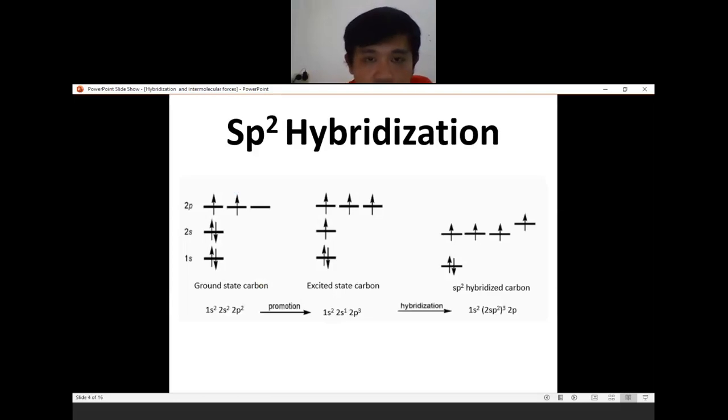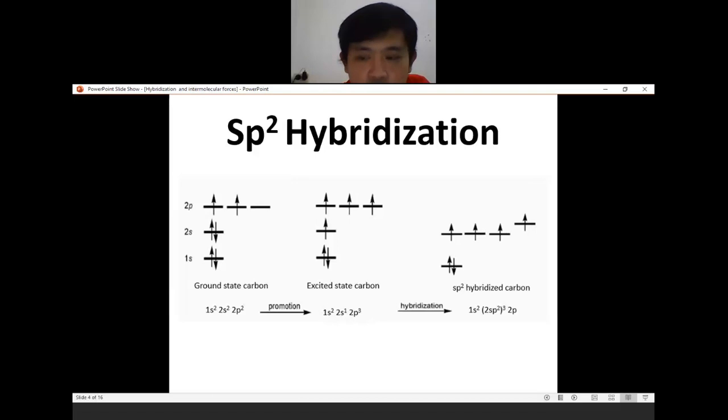And then the sp2 hybridization. This is the ground state of carbon, and then the excited state carbon becomes sp3. Okay, sp3, and then sp2 hybridized. We know that in a double bond there is a sigma bond and a pi bond.